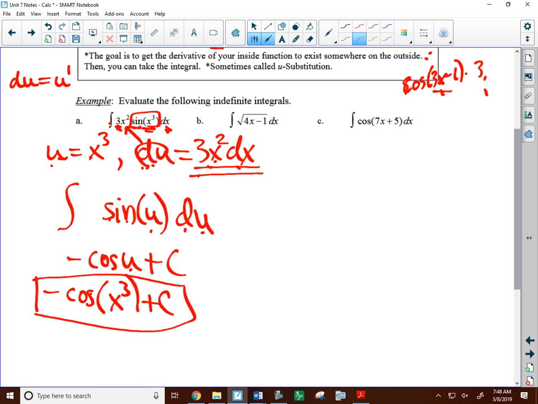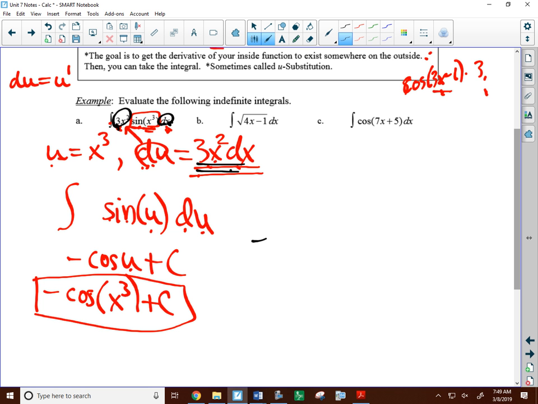Okay. And here's what I want to show you. Basically what we did here, we got the antiderivative. We got the derivative to exist outside here, 3x squared dx. So therefore, we could just take the full derivative of this, and then we could go backwards. By the way, a quick check here.